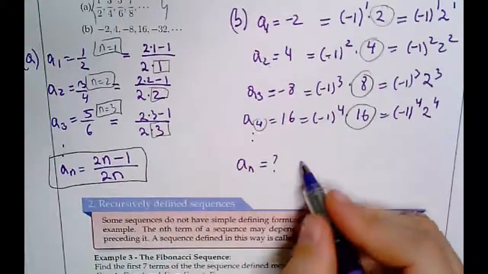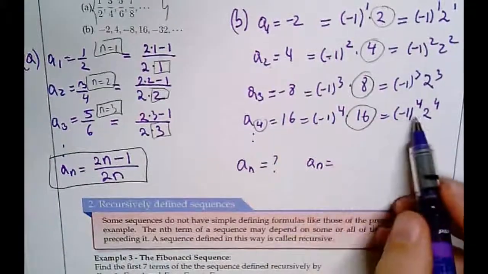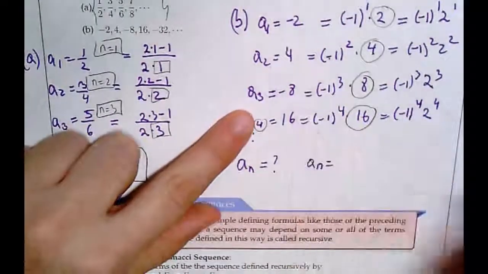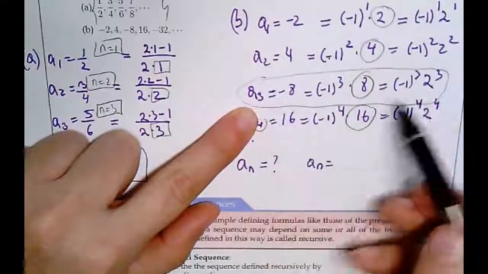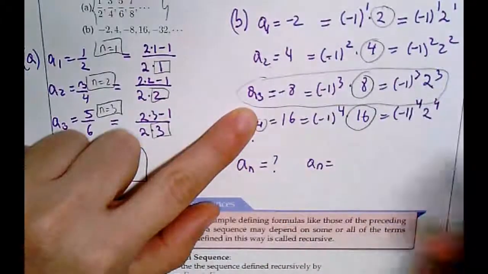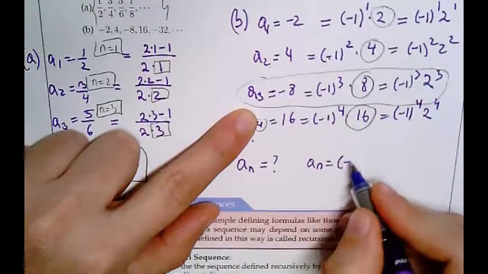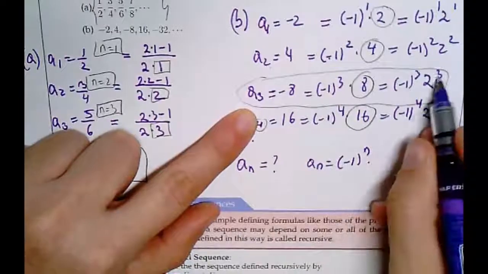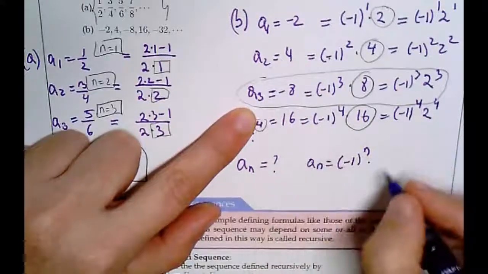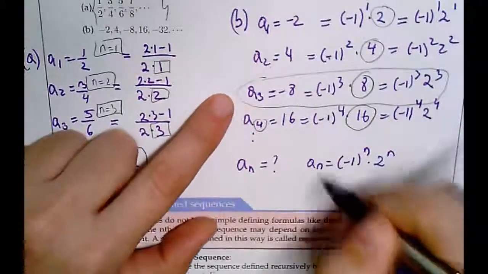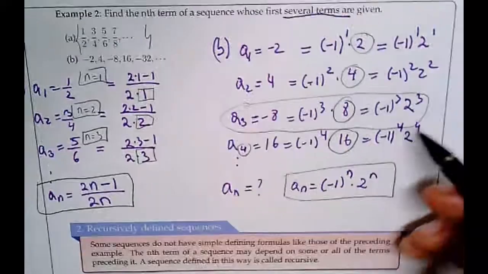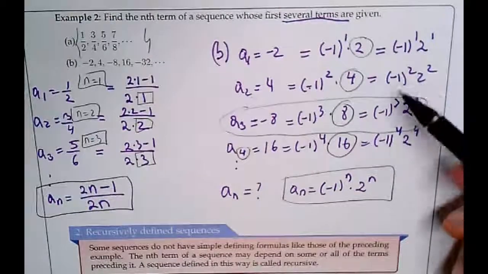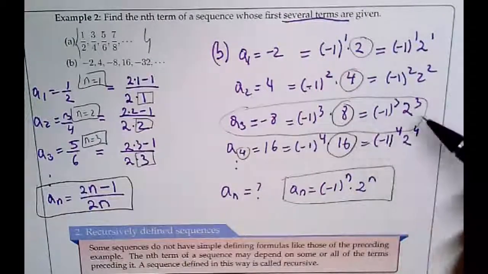So now we can see that the general term is, look at a3, for example. When n was 3, I had -1 to the 3. So in general, it's going to be -1 to the n times 2 to the n. So this is the general formula for this sequence. And this is an alternating sequence. It alternates in sign, negative, positive, and so on.